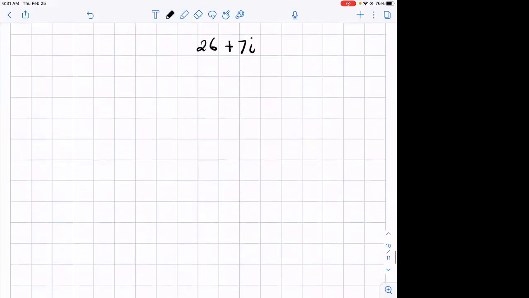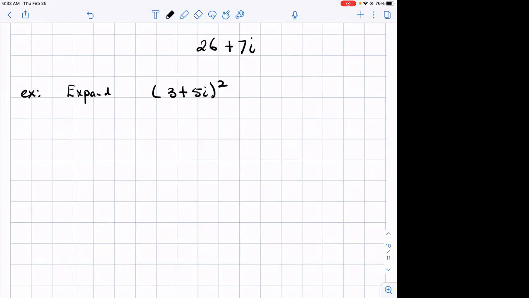If we look at another example, if we are asked to expand 3 plus 5i quantity squared.